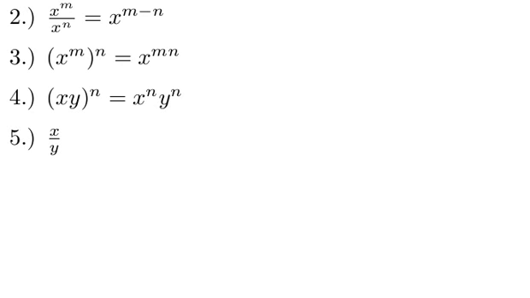If we have x over y, the entire thing to the power of n, that is going to be equal to x to the power of n over y to the power of n. Just like up here, the n distributes to the x and the y.